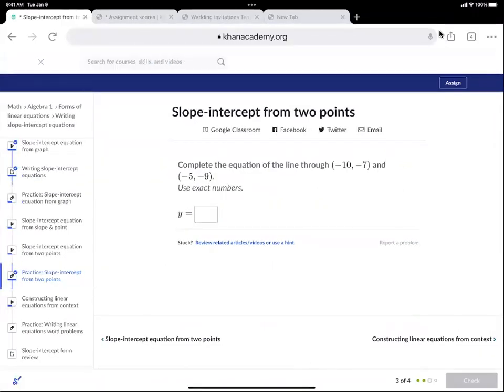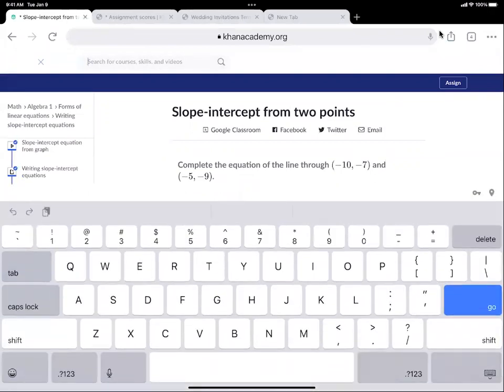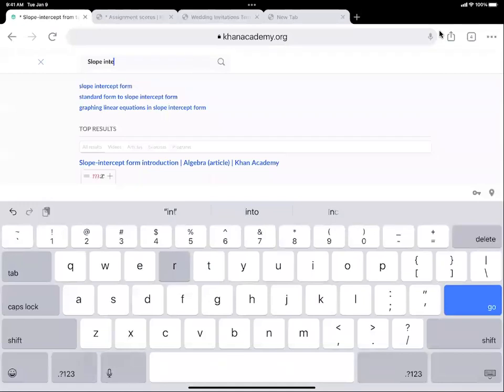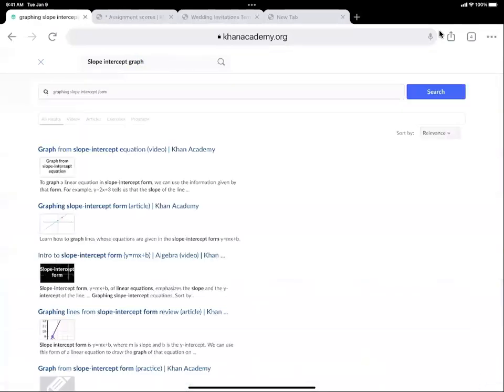The other thing I want to show you is graphing slope intercept form.